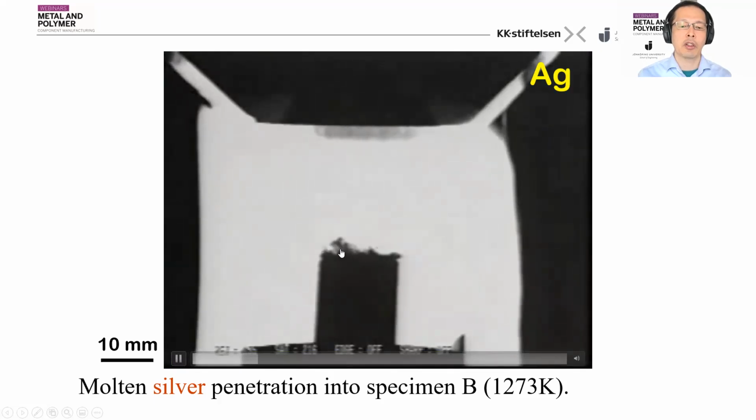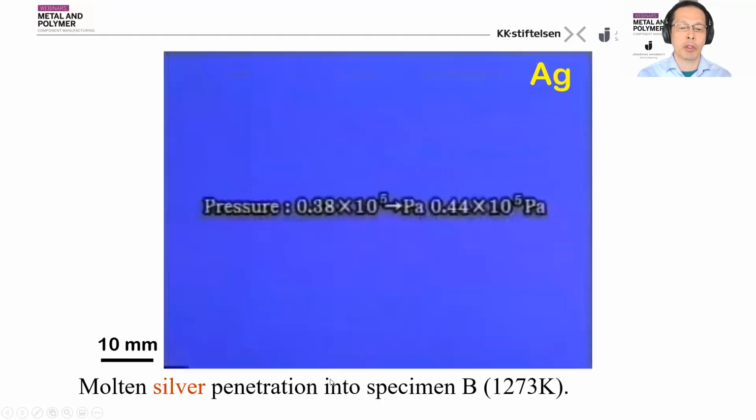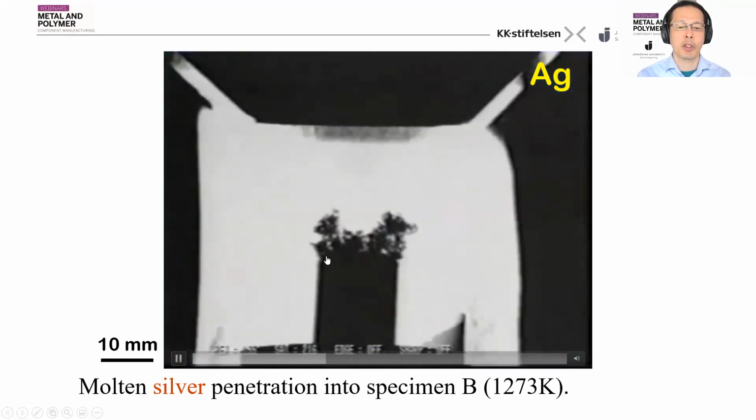And if we increase the pressure, then it will penetrate further. Now the pressure is increased. Then here is a penetrated molten metal, and after we apply the pressure, the penetration takes place again like this. And again, it's choosing the larger pores.